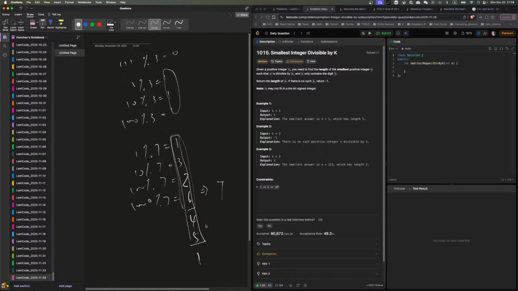So 1 round is k minus 1, right? 1, 2, 3, 4, 5, 6. K minus 1. So we do k minus 1 plus k minus 1, so 2k minus 2. If within 2k minus 2 we don't get it, because we'll have the sum of this, right? And then we plus more. This is kind of a new thing.